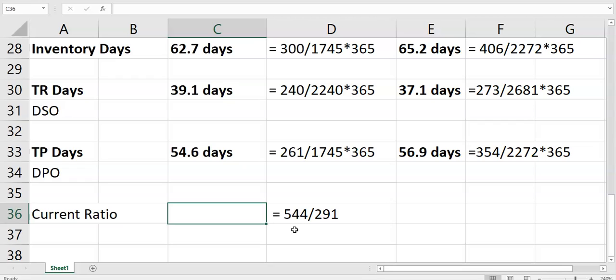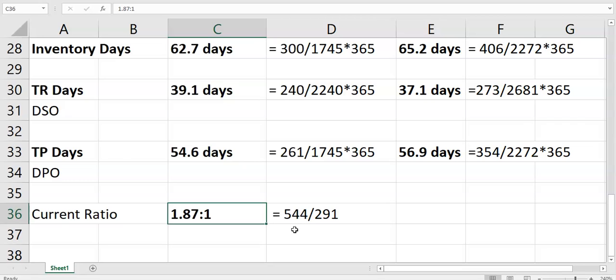That is 1.87. It's often presented as 1.87 to 1, like a ratio, or you could just say 1.87. That would be fine as well. What that says is last year you had €1.87 of current assets for every €1 in current liabilities.